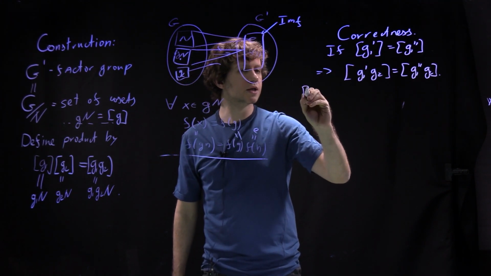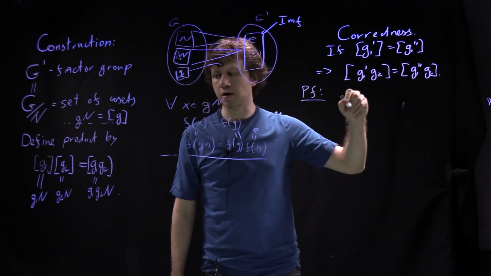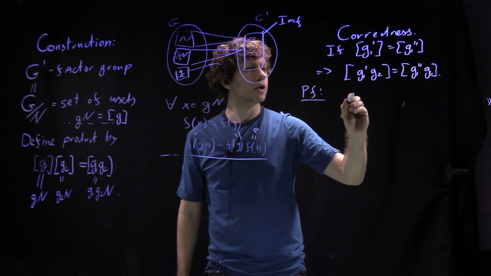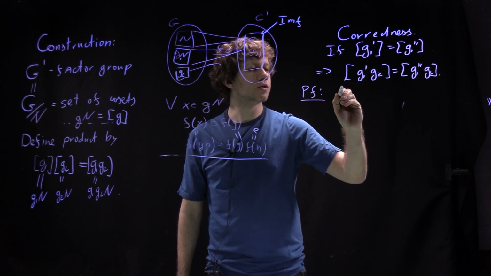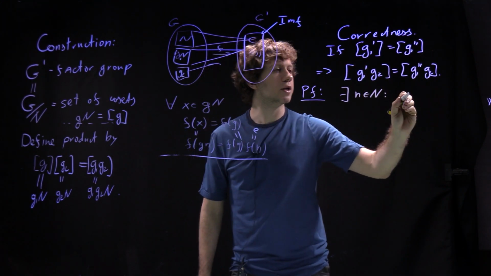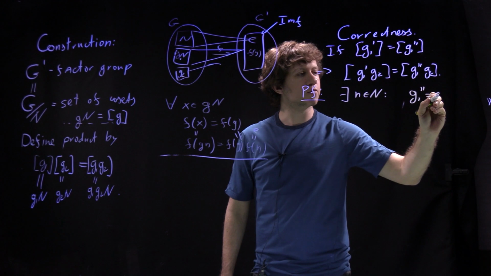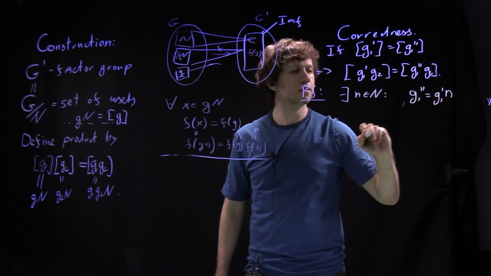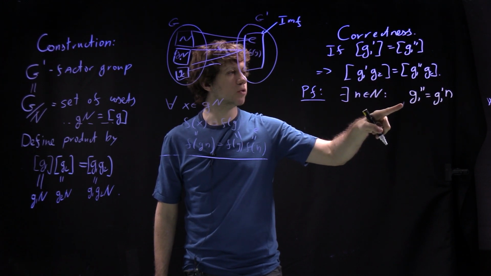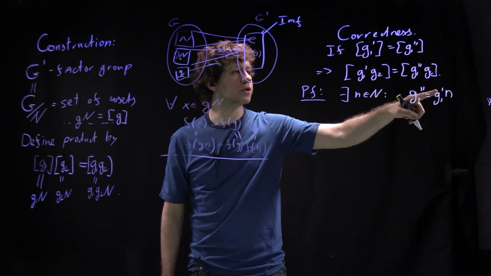The proof is very simple when you know what to prove. You know that the classes are equal, which means there exists n in our subgroup such that g1 double prime equals g1 prime times n. And so now g1 double prime g2 equals g1 prime n g2.